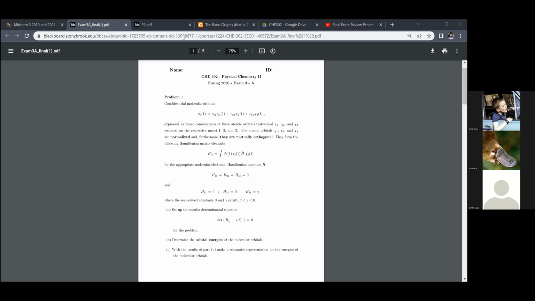So, determine the orbital energies, write the results of part B, make these representation for energies. Oh, this is like they basically tell you what to write. So let me try to, I think I did this one before. Actually, no, I didn't. Let me take a screenshot. Oh wait, I think I can probably take a quick picture of it.